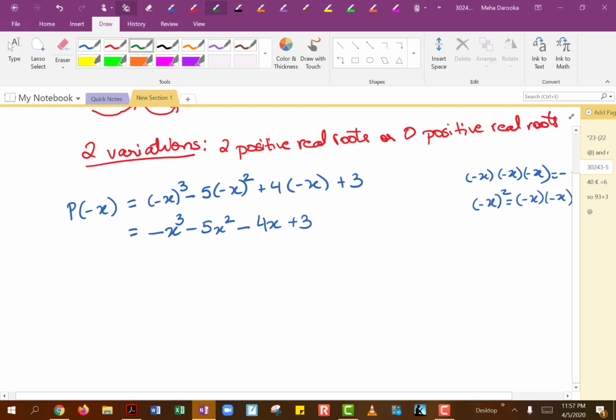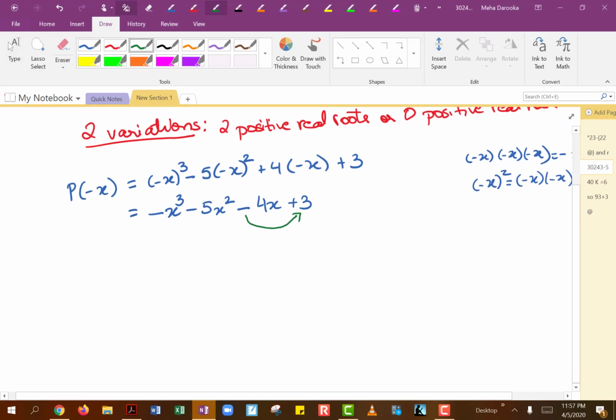So the only change that's happening is from going from negative 4x to positive 3. So I'm going from a negative term to a positive term. So that's one change. So I would say that's one variation. And one variation means I will have one negative real root.